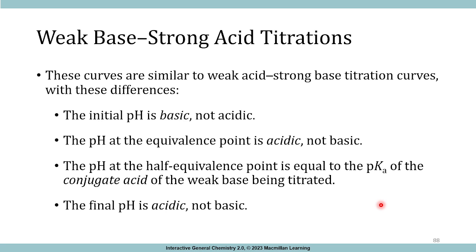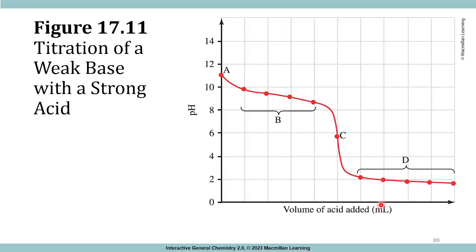The pH at half the equivalence point is going to be equal to the pKa of the conjugate acid of your weak base being titrated. Because again, we're doing everything in pH, we're going to end up in pKa's. The final pH is going to be acidic, not basic, because we'll end up adding excess acid.